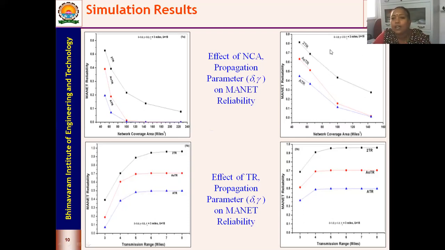You see that when delta is maximum and gamma is also maximum, you have the best reliability over here. That means it is 0.9. Almost it is 0.8 something for 2TR, and here you can see it is 0.65 for AOTR and 0.5 for ATR when your coverage is between 40 to 60.